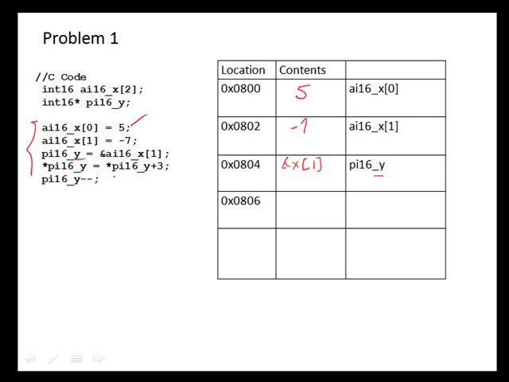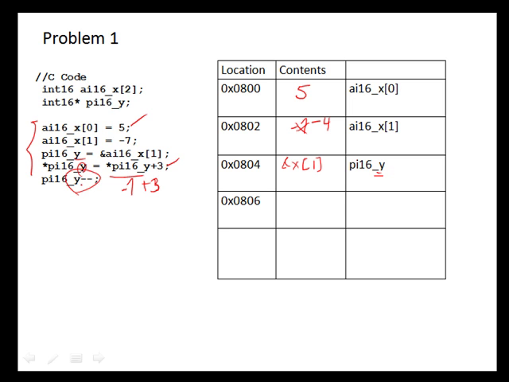Then at this point we're going to take what y is pointing at. Y is pointing to x of 1. So that's going to be the value -7. Add to it 3. Stick the result back to where y is pointing, x of 1. So that means that the new value of x of 1 is going to be -4 after this.